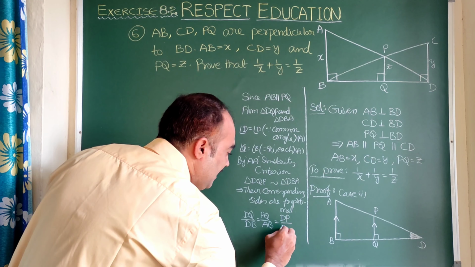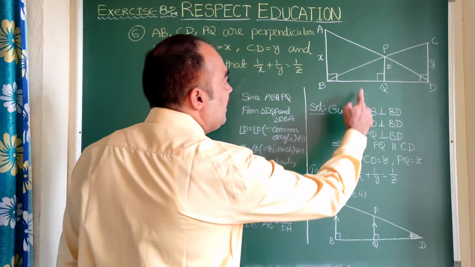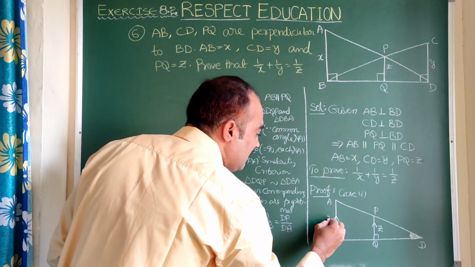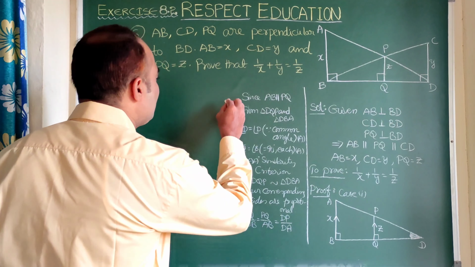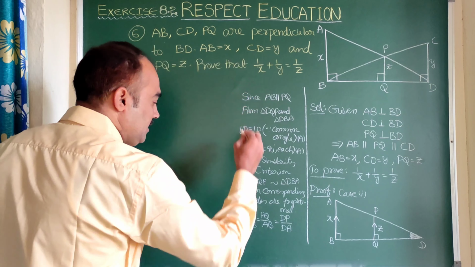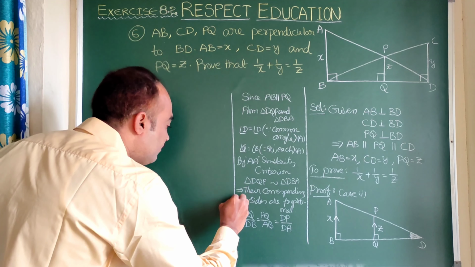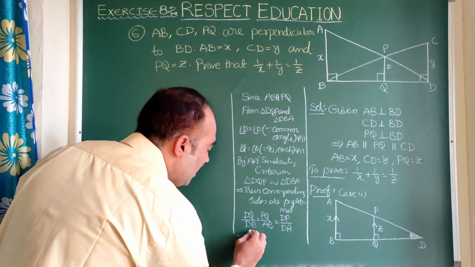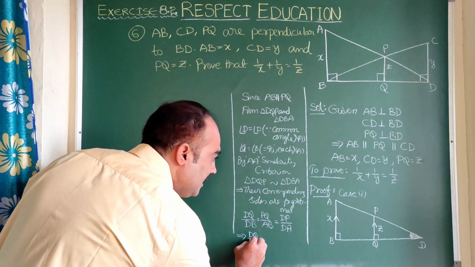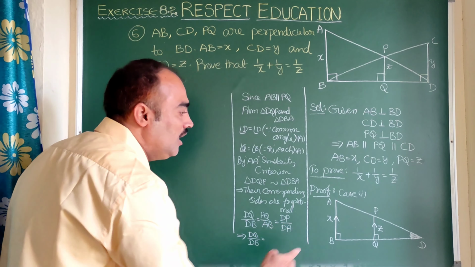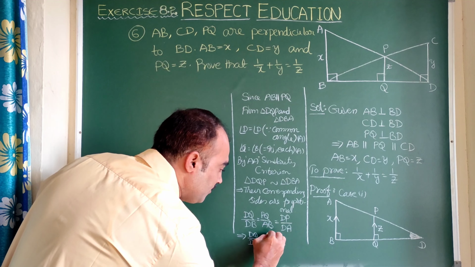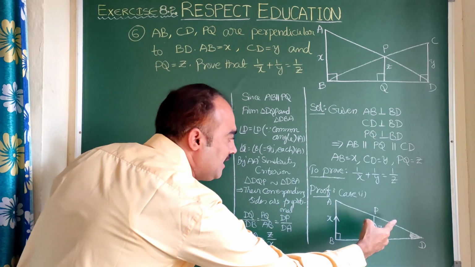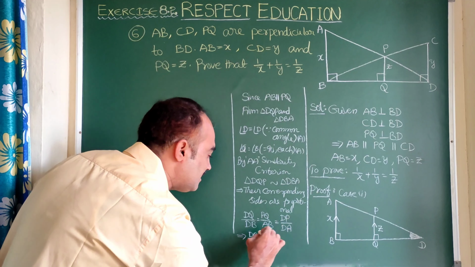According to the question, PQ is given as Z and AB is given as X. Let us substitute those values: DQ by DB is equal to Z by X. The values DP and DA are not given, so let us leave them.